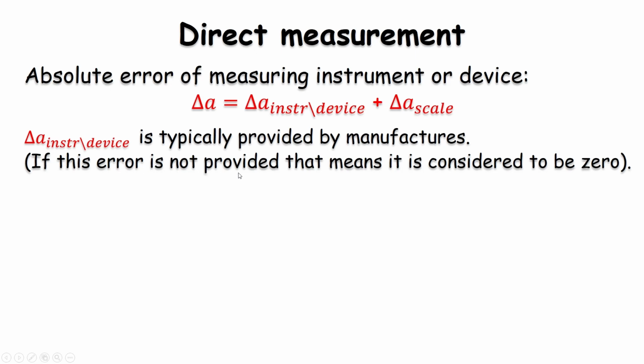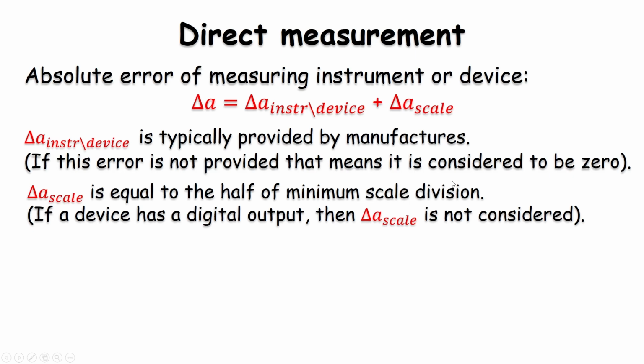If this error is not provided, that means it is considered to be zero. The absolute error of the scale is equal to half of the minimum scale division. If a device has a digital output, then the absolute error of the scale is not considered.